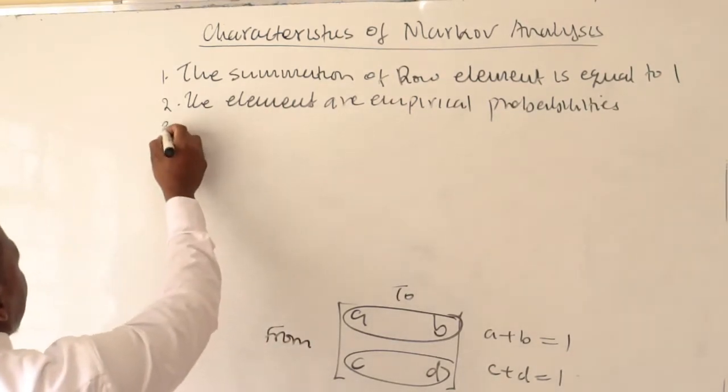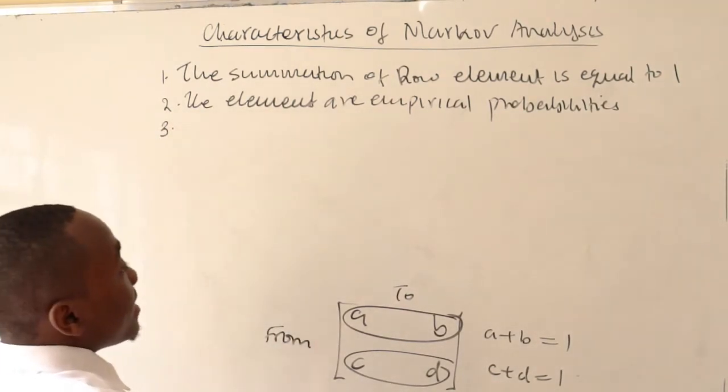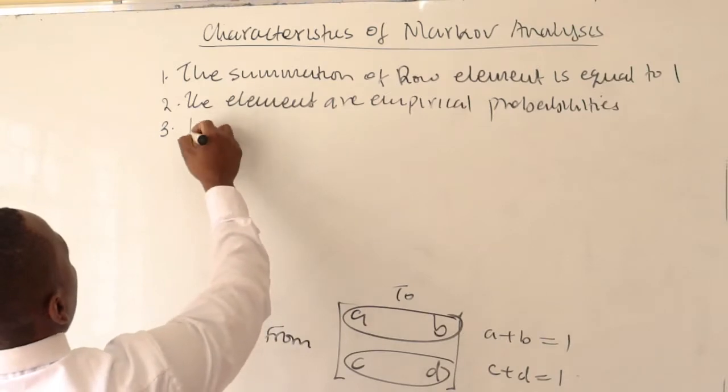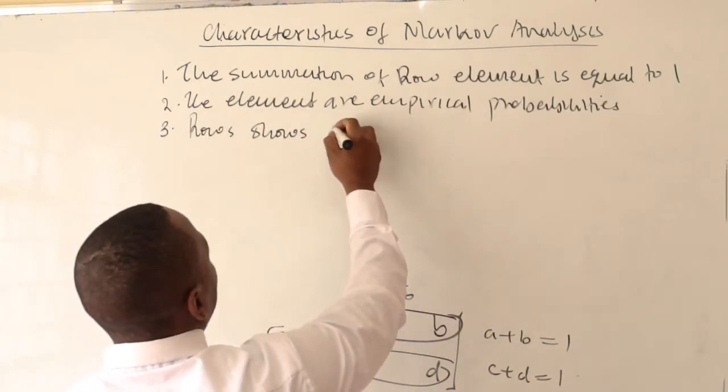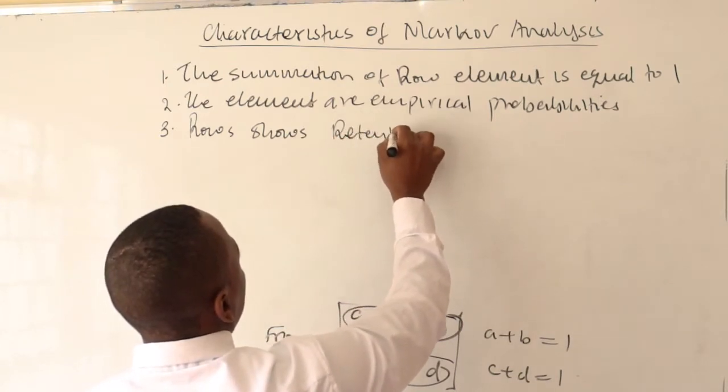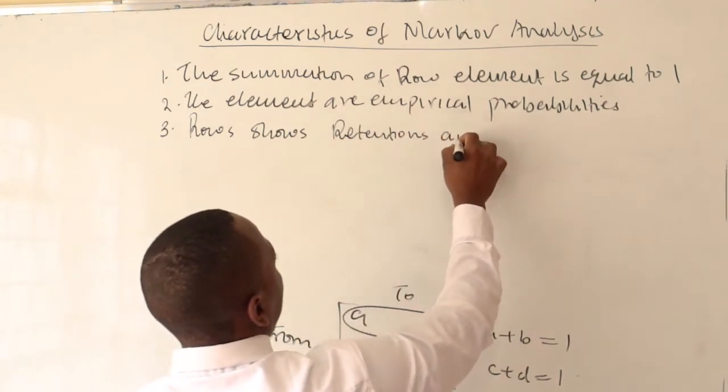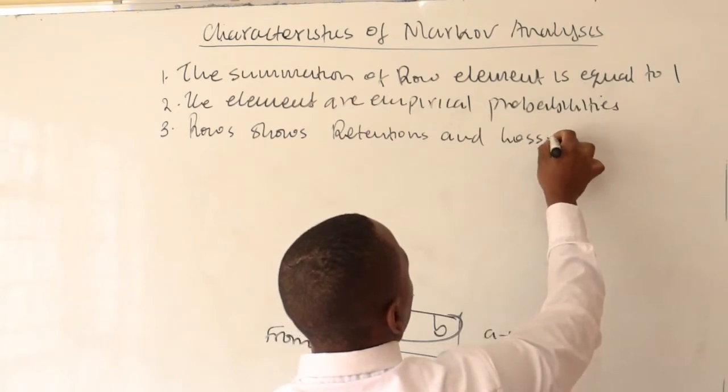Then characteristic number 3 is that rows show retentions and losses too.